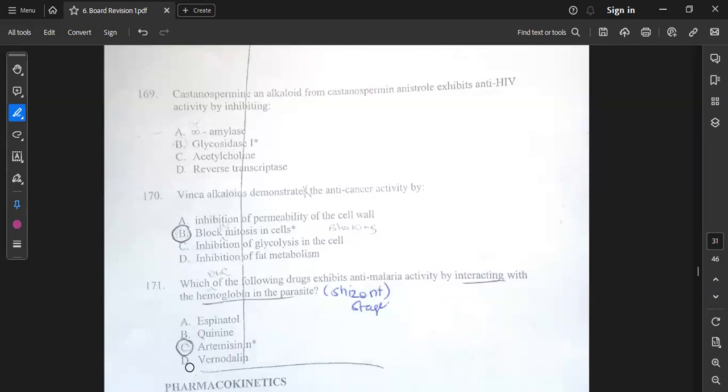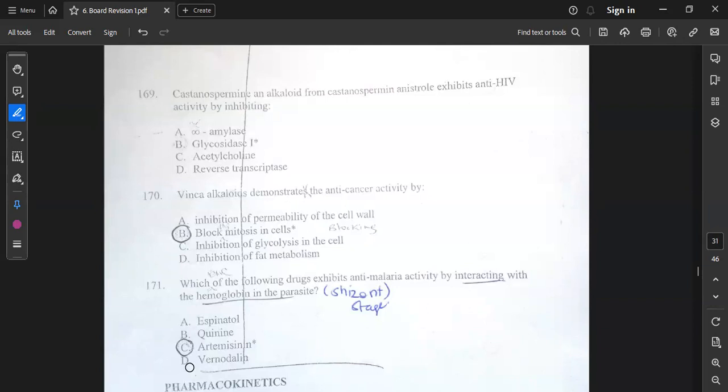It also interferes with the digestion of hemoglobin in the blood stages of the malaria life cycle. Quinine inhibits the conversion of hematin to hemozoin, and hematin is the one that's toxic to the parasite.